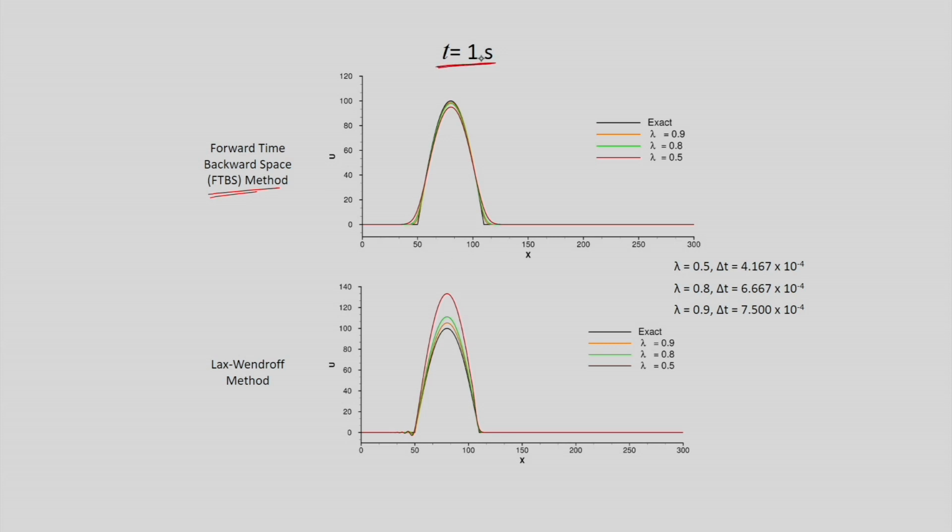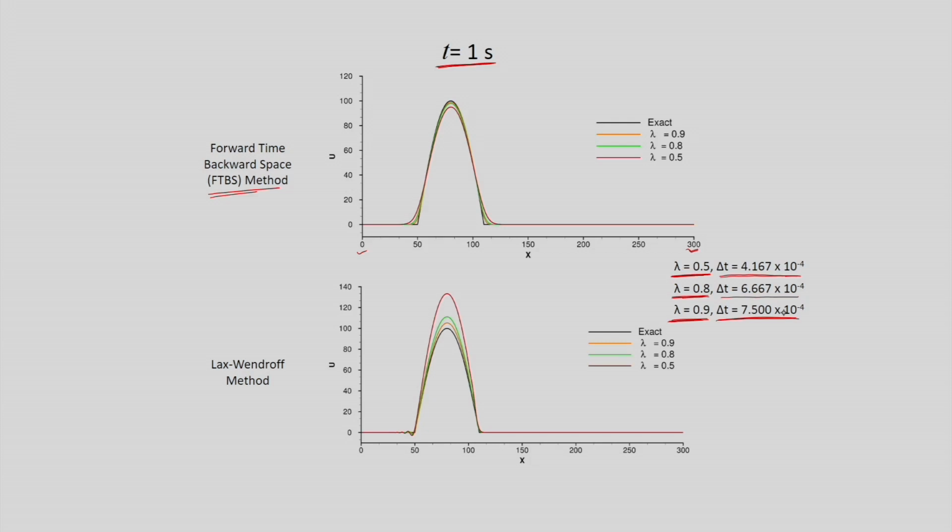This is the domain 0 to 300, and we have considered 3 different values of λ, starting with λ equal to 0.5. Now, Δx is fixed because we have considered the grid as 1201. So Δt, if you calculate, you will get 4.167 × 10⁻⁴. If you increase λ, then Δt also will increase. So for λ equal to 0.8, Δt is this, and λ equal to 0.9 is close to λ equal to 1.